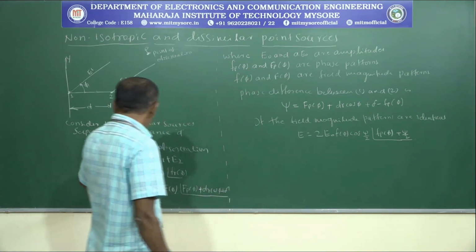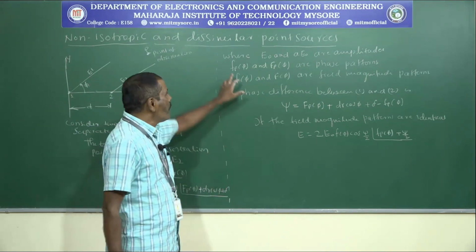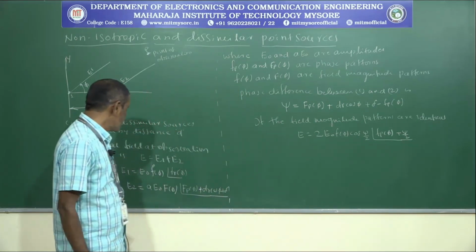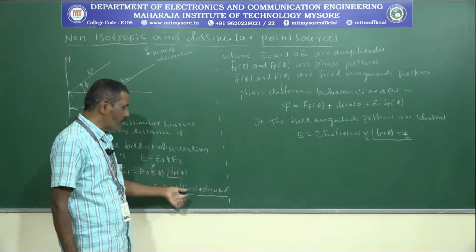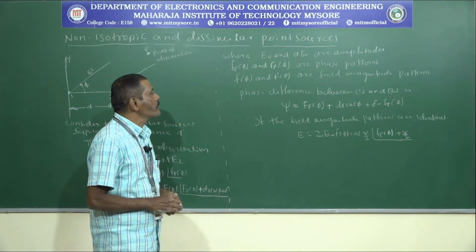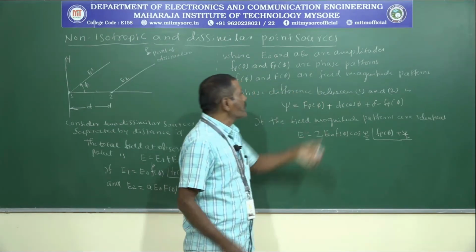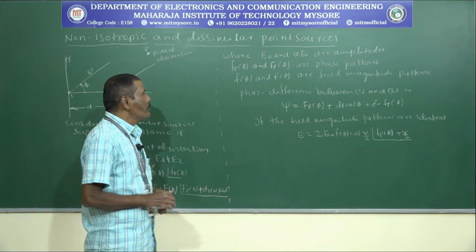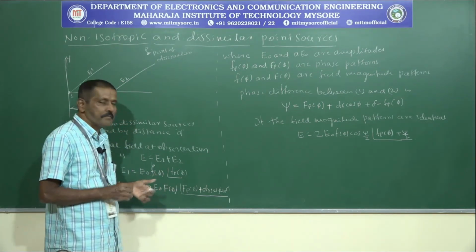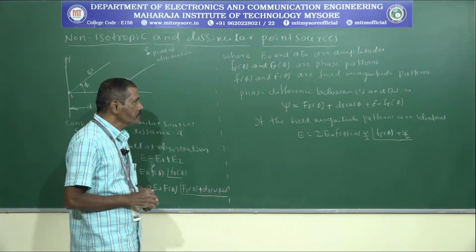where E0 and AE0 are the amplitudes, and FE1 of phi and FE2 of phi are the phase patterns. So these are the phase patterns, and F of phi and lowercase f of phi are the field magnitude patterns.